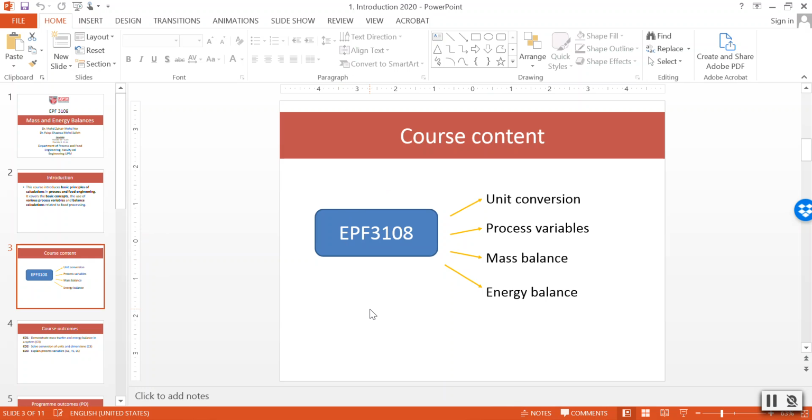This is the fundamental course that you need to understand first before you learn more advanced courses such as thermodynamics, mass and energy transfers and so on in the subsequent semester.